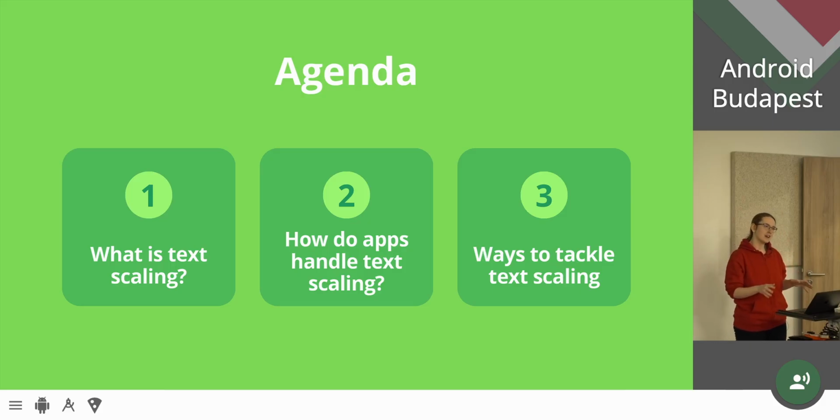Almost every one of our apps was broken in some way because of text scaling, and that did not really make me happy. At that point, I started to think that either we are very bad at what we are doing, or this might be a common problem that maybe a lot of developers struggle with or just met once in their lifetime.